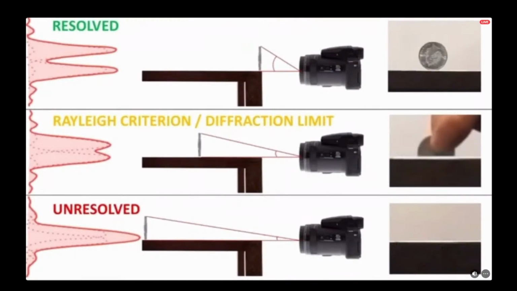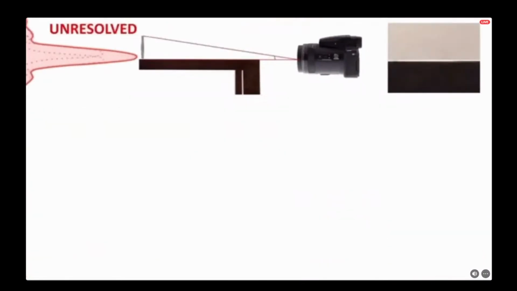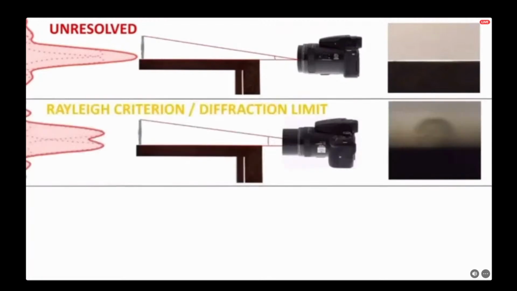Now, as I said, 100% of the light from that coin is still reaching the camera, it's just unresolved. But when you zoom back in, you increase the focal length and you increase the angle at which you are viewing that object. Now, when you zoom in enough, it will meet the Rayleigh criterion, where you can see the two distinct objects again, the coin and the table. And when you get past that diffraction limit, you can fully resolve the object.